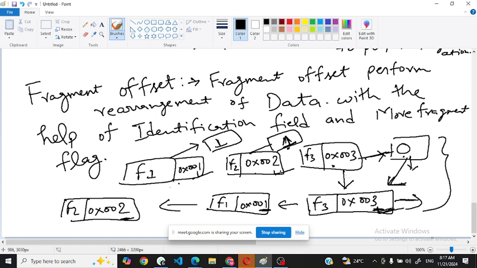It may be possible this packet will reach the destination first. Then once the receiver sees that this one is 0, it will understand no other fragment will come. But by seeing the identification field, you can understand this is the third number. The first two are missing, and so it will wait.